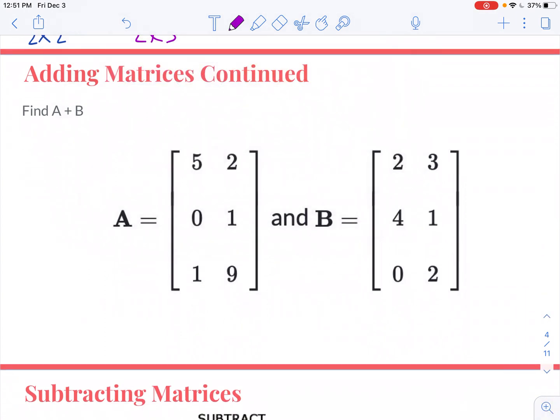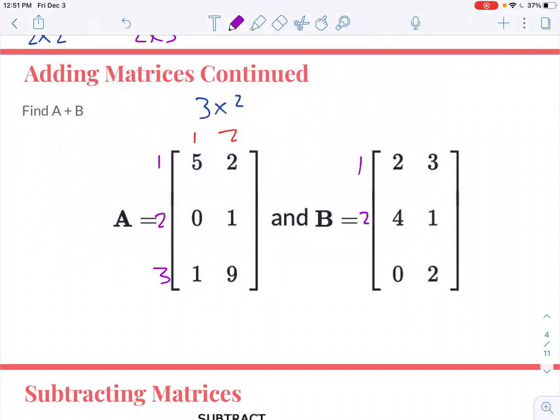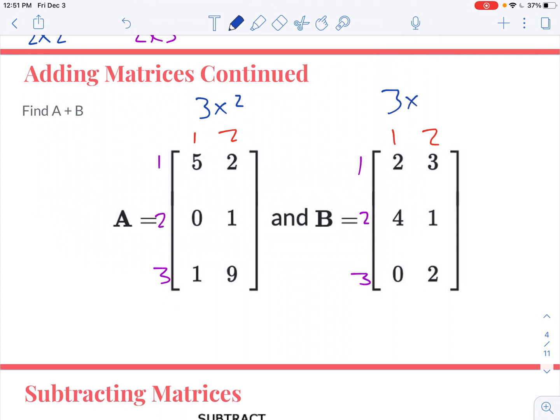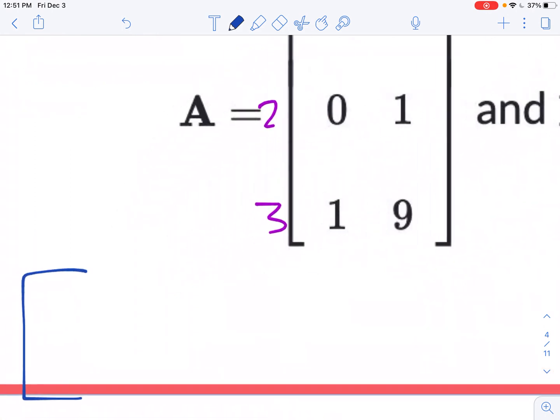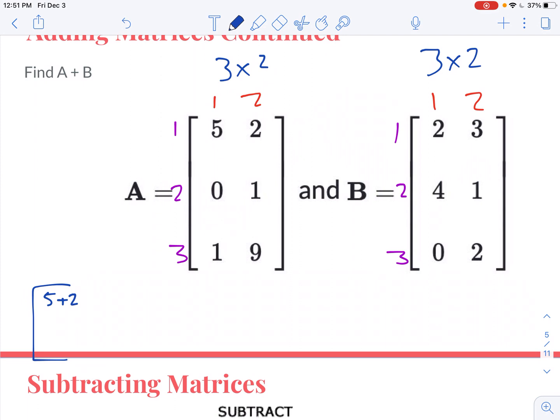Here, we can look again. I can say that I've got 1, 2, 3 rows by 1, 2 columns. So I'm looking at a 3 by 2 matrix. Again, 1, 2, 3 rows by 1, 2 columns. So I've got two 3 by 2 matrices. When I add these together, I've got 5 plus 2, 0 plus 4, 1 plus 0.